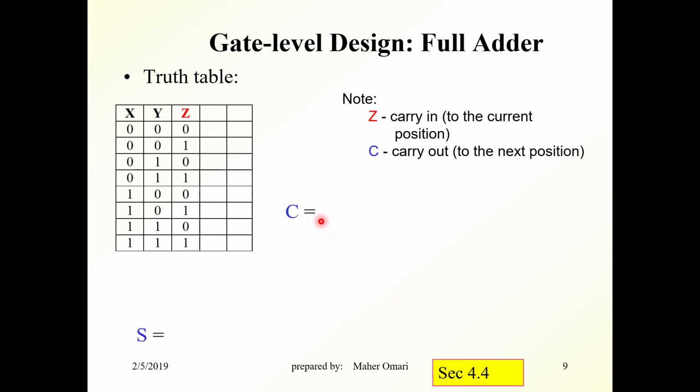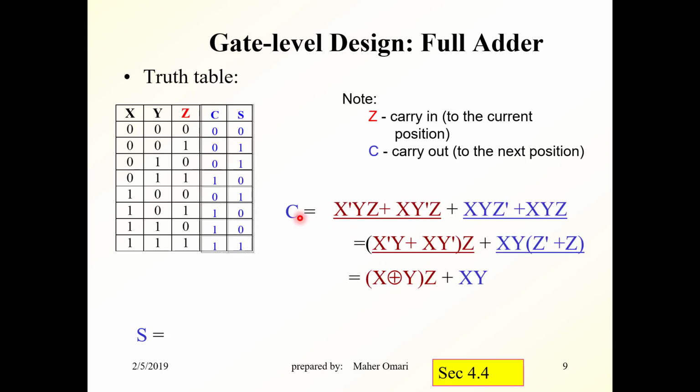Now, let's take the next step and simplify the output functions. Let's see what C here is equal to. C is equal to this min term, which is this one, ORed with this min term, which is this one, ORed with this min term, which is this one, ORed with this min term, which is this one. If we take Z out of these 2 min terms, we will get this term here. And if we take xy out of these 2 min terms, we will get this term here.